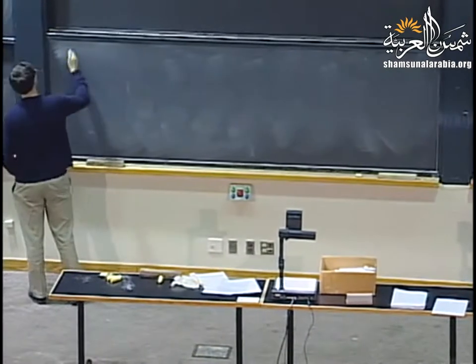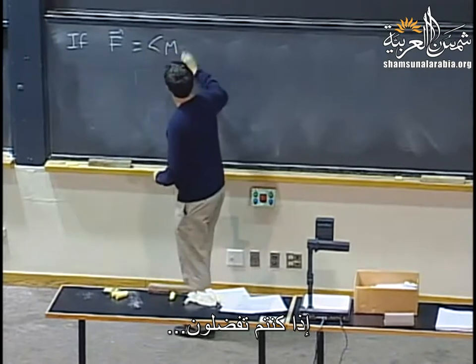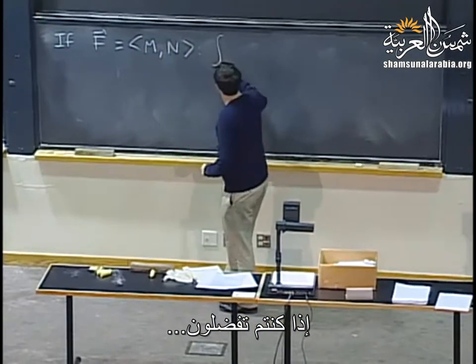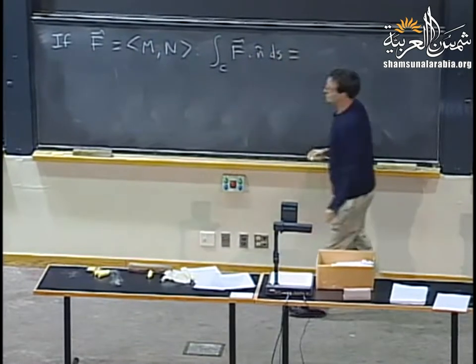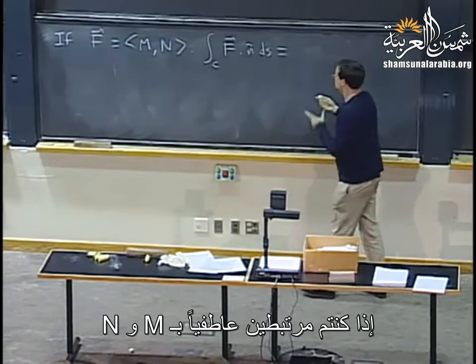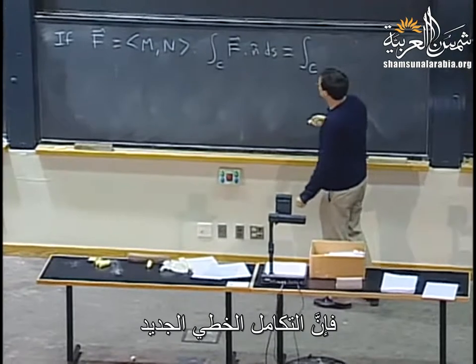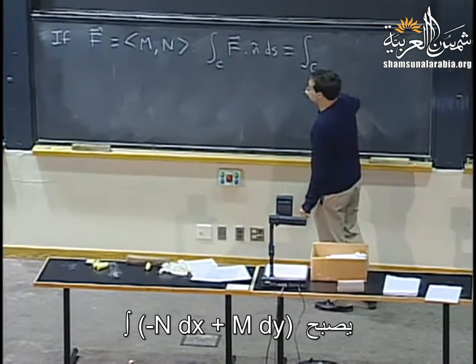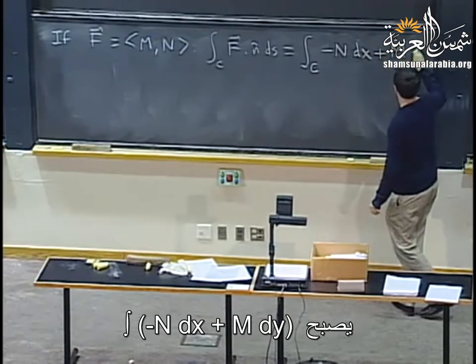So if you prefer, okay, so if you're really sentimentally attached to m and n, then this new line integral becomes the integral of minus n dx plus m dy.